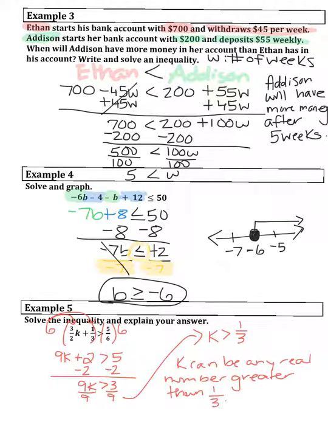Perfect. So it could be any real number. That means just the real number system that's greater than 1/3. It could be 2.7639. It could be pi. It could be 11, 12. It could be 100. It could be 1,000,005. All of these numbers, any real number though, so it has to be in the real number system, but it could be a decimal or a fraction or a whole number.